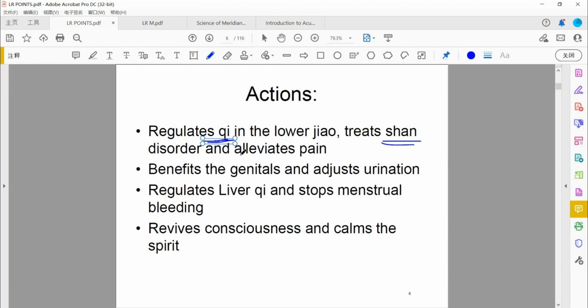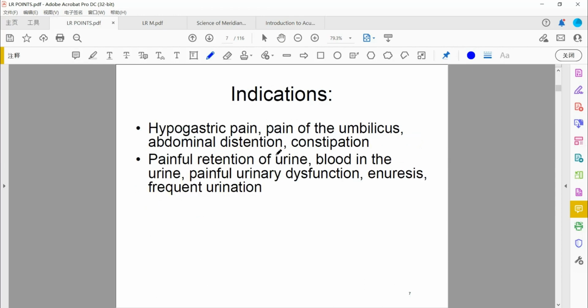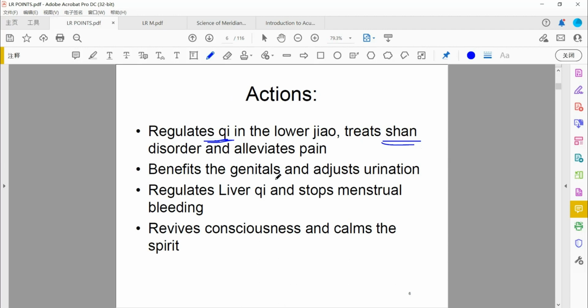It's painful, so it can alleviate pain. Benefits the genitals, because the liver meridian, divergent collaterals and sinew meridian all go to this region. And it adjusts urination, the lower jiao, the bladder.